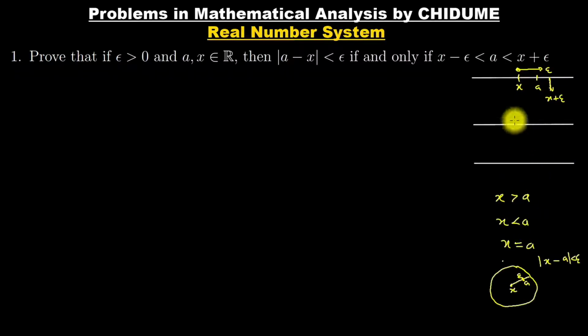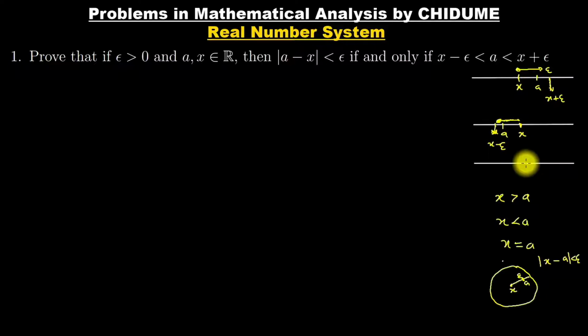Now even if I try to move to the left, let's say a is somewhere here, don't forget that I have to be careful. You can think of epsilon as the radius. If I go in the left direction, the point here will be x minus epsilon, and you will see that point a still falls in the neighborhood of x.